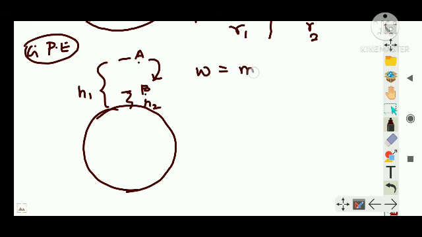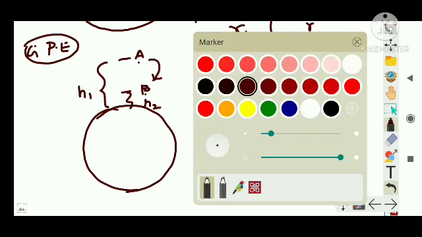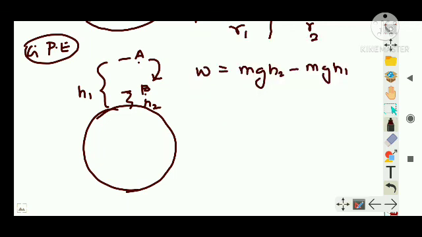So mgh2 minus mgh1, that is at B and A, is the potential energy. Work done is equal to change in potential energy. What is mgh2? That is the potential energy at height h2.